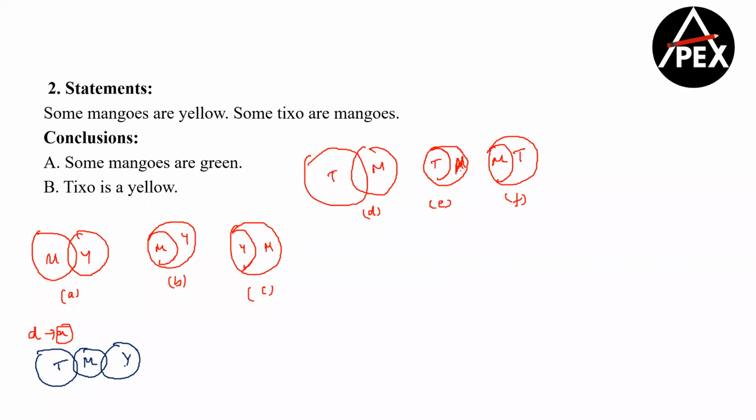Bhargav is asking me to explain B and E diagrams once. Okay. So look, he's saying that some mangoes are yellow, no? Let me say some means at least one. Correct? So Bhargav, think of it this way.